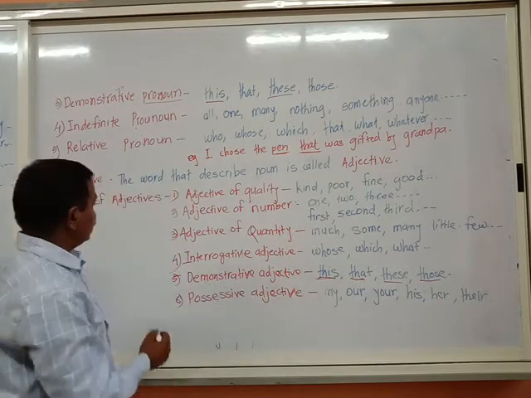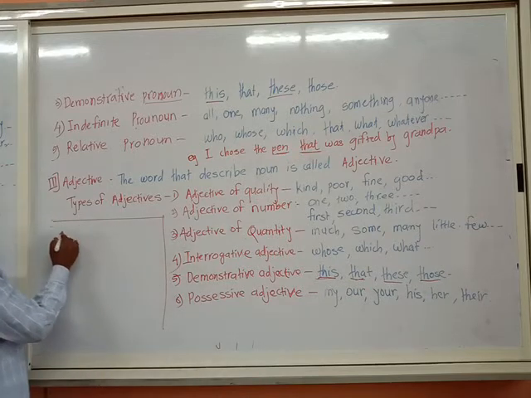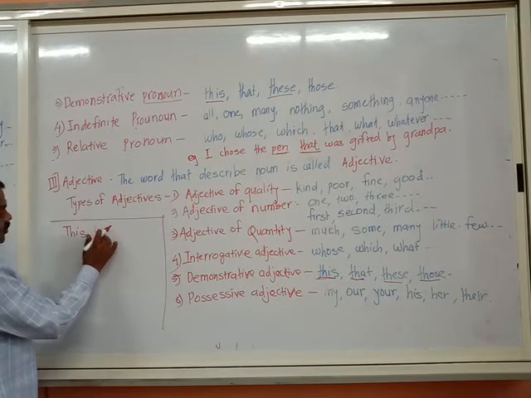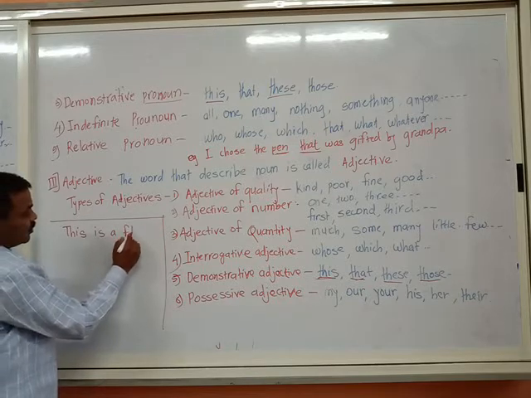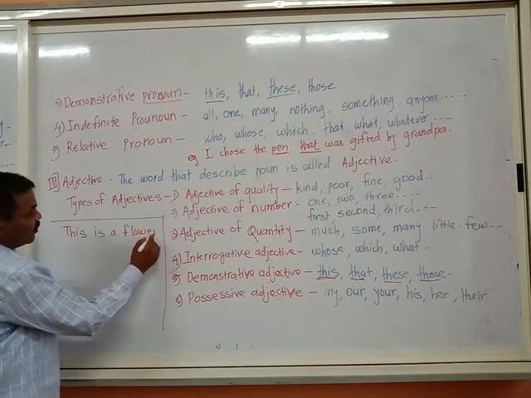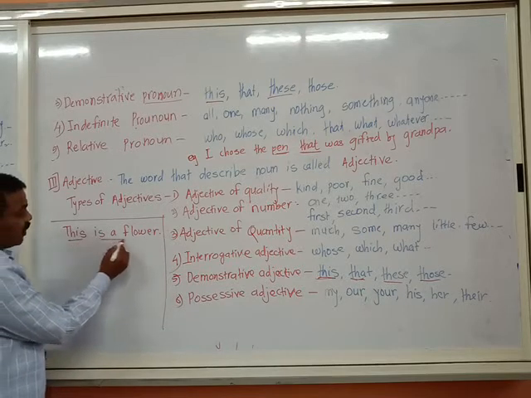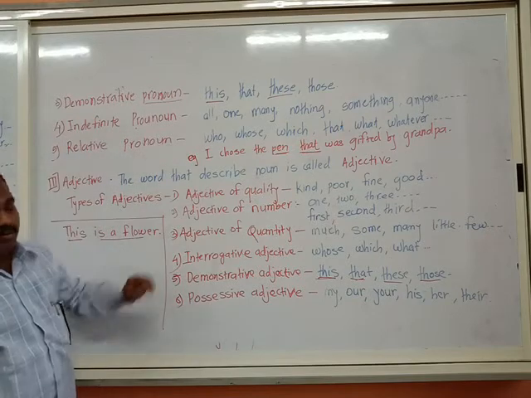How? You will notice the difference here. This is a flower. Now see the difference. This is a flower. Demonstrative pronoun.